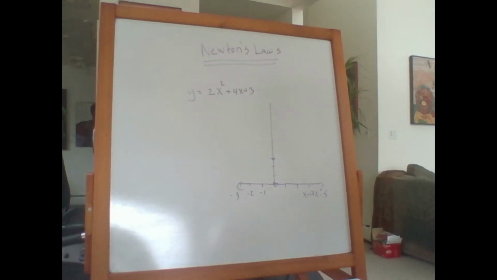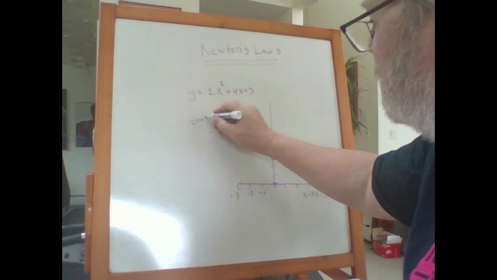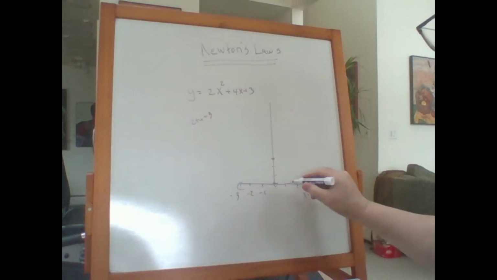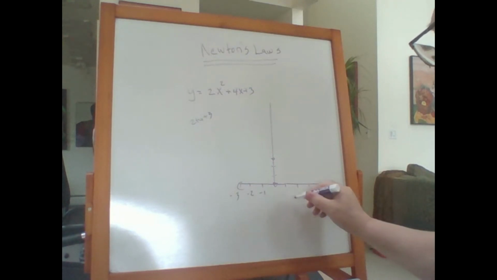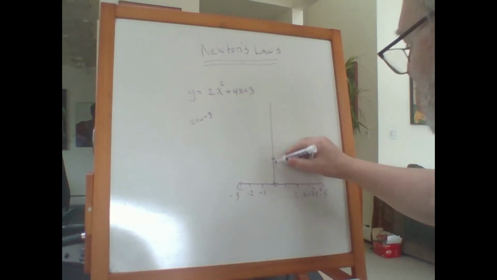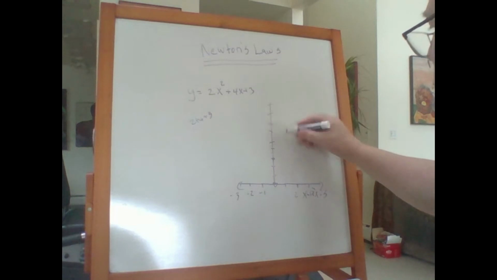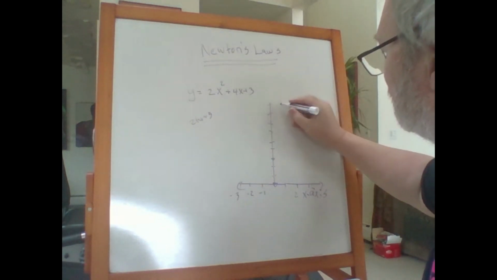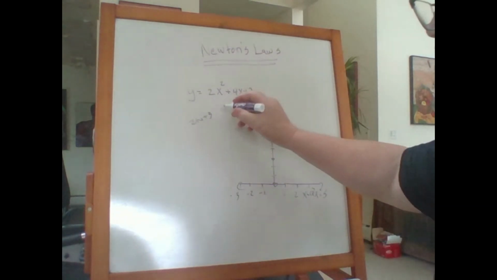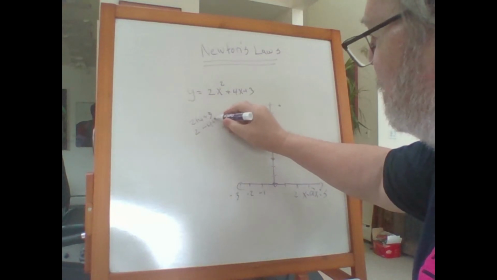When x is 1, we got 2 plus 4 plus 3, and that happens to be 9. So we're up here somewhere. When we're at negative 1, we have 2 minus 4 plus 3.